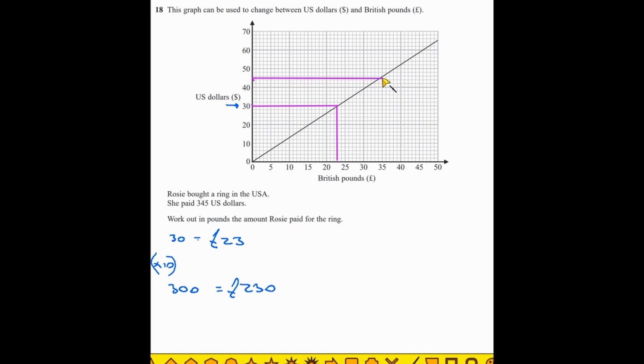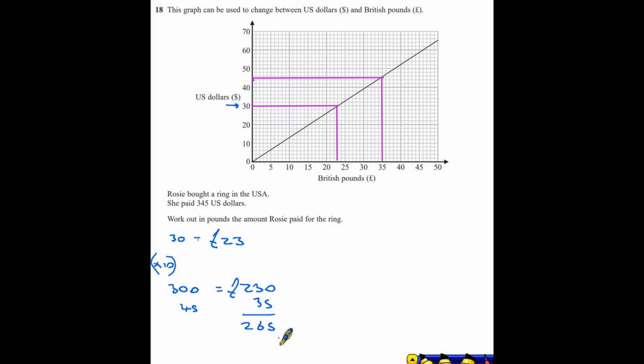So there I've got $45, and if I move down from there I am at £35. So on top of my $300 I've got another $45. That's worked out at £35. So I come out with a total price of £265.